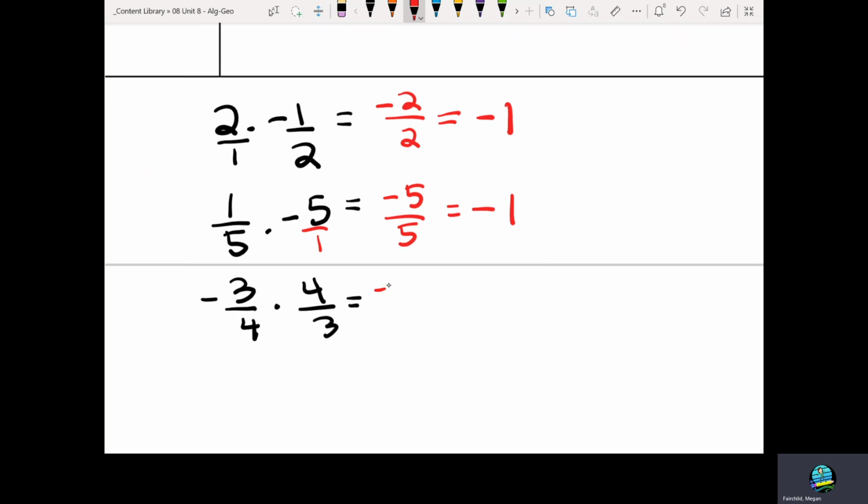We got the same thing every time? Good, because you're supposed to. What do you notice here? When you multiply opposite reciprocal slopes, what do you always get? -1. That's how you prove they're opposite reciprocals.